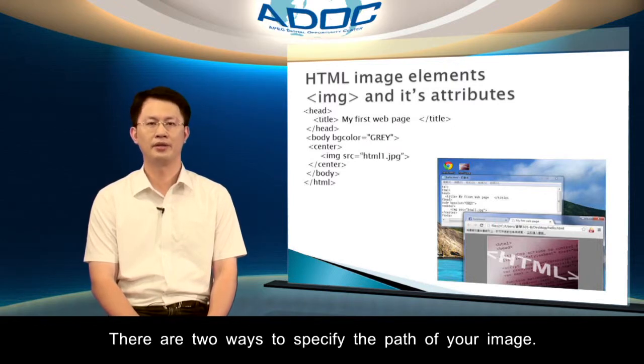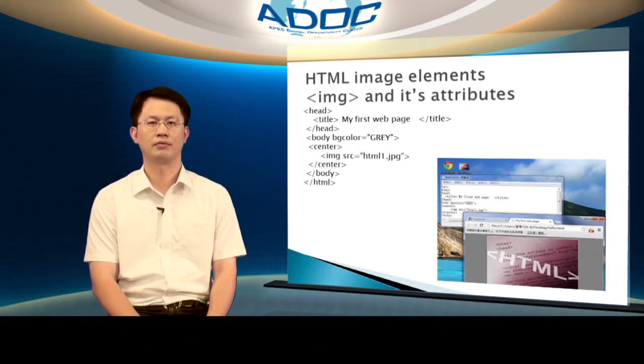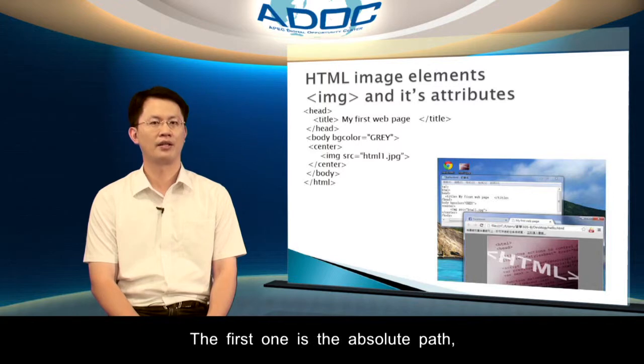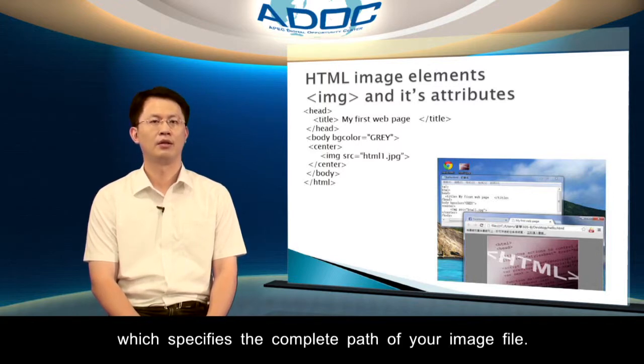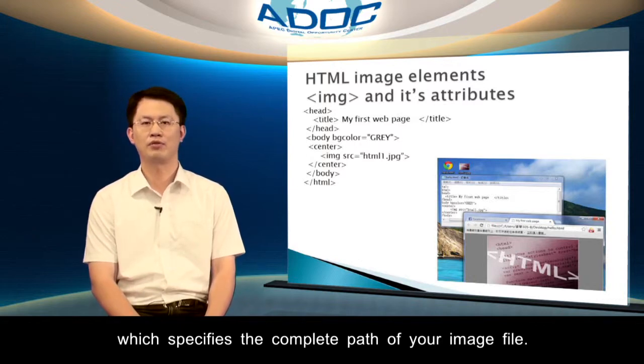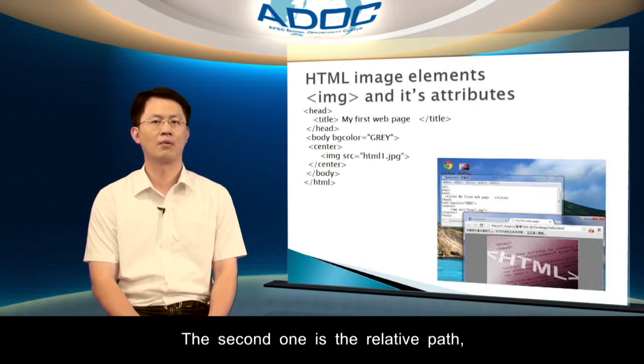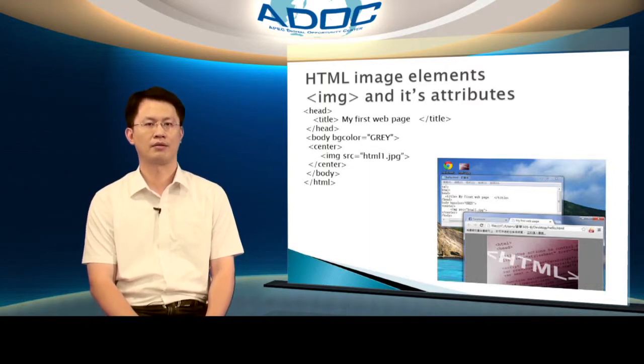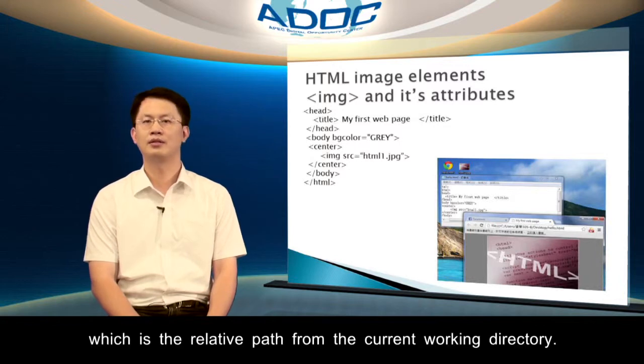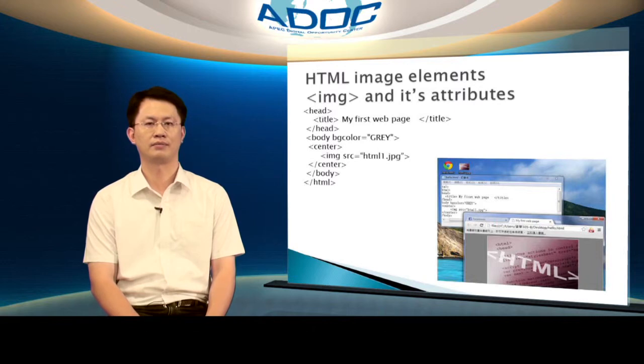There are 2 ways to specify the path of your image. The first one is the absolute path, which specifies the complete path of your image file. The second one is the relative path, which is relative to the current working directory.